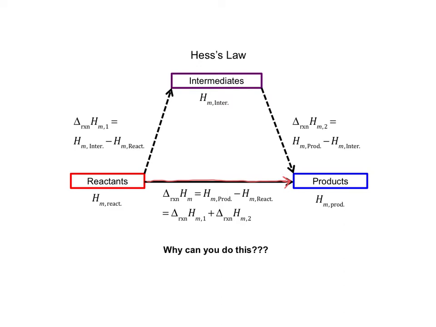So remember the SN2 reaction where there is an attack of the nucleophile creating this intermediate of that 4-membered species, and then the leaving group leaves. With delta H, we don't have to know anything about that intermediate. We can instead go straight from reactants to products because delta H is a state function.